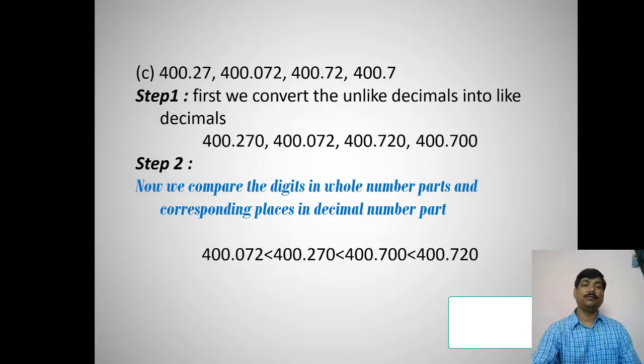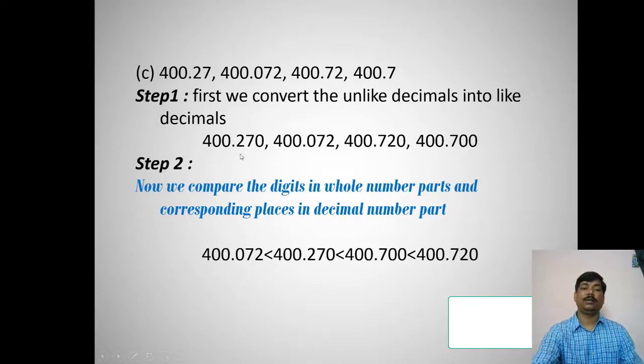in this problem some numbers are also here: 400.27, 400.072, 400.72, 400.7. What will we do here? First we convert the unlike decimals into like decimals. So the maximum number of digits in the decimal part is 3.